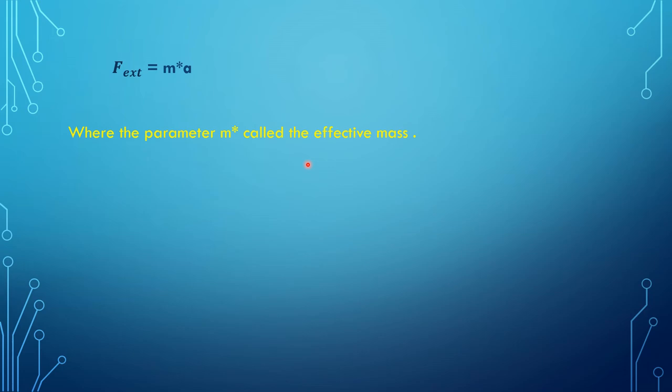What is the internal periodic field? In the previous slide we talked about this: the internal periodic field means the force from positively charged ions and protons and negatively charged electrons. So this is the internal periodic field.